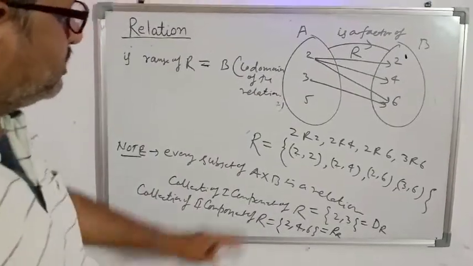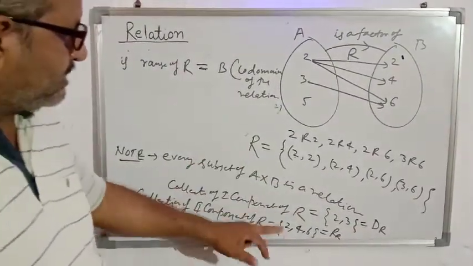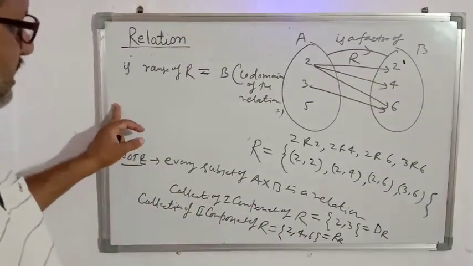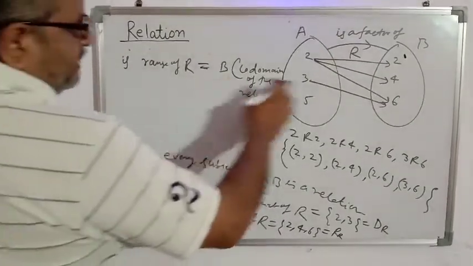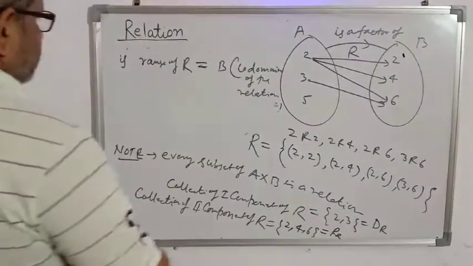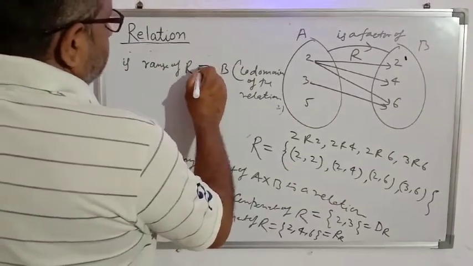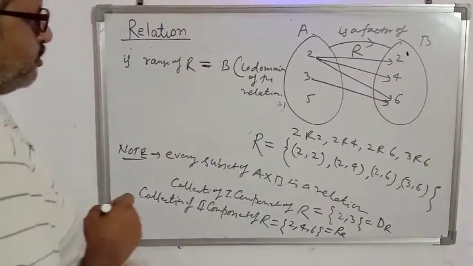Again see here, collection of first component is domain of the relation. Collection of second component is the range of the relation, and set B, that is the second set, is called codomain of the relation.